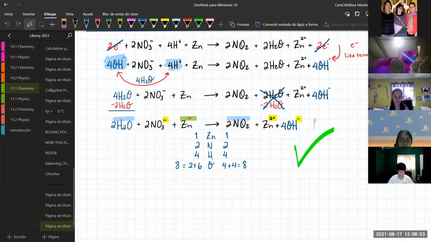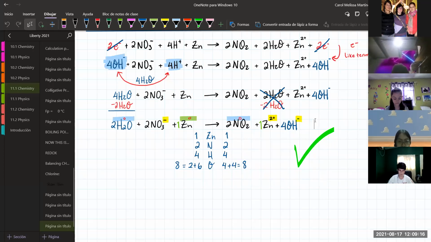So in compounds, the total oxidation number is 0, okay? So now I will check the charges. So I will copy. I will do the same that I did in the first steps. I just put the invisible one for each zinc, and I will start comparing the charges.